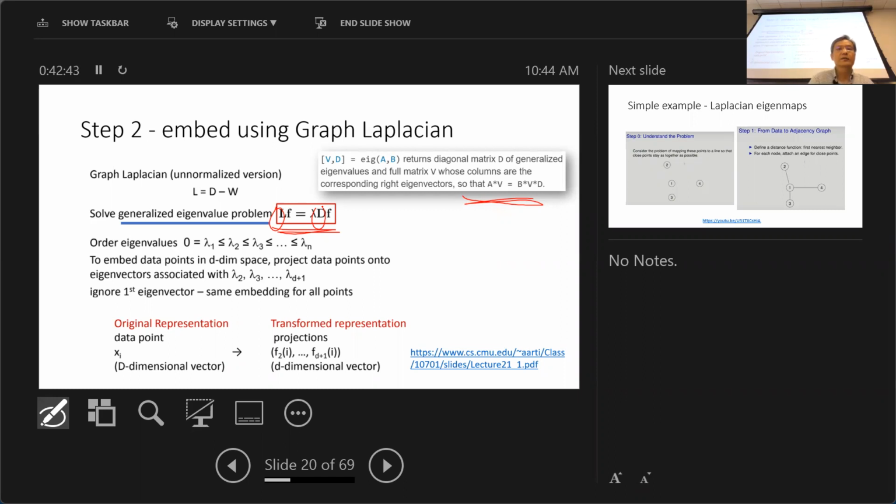Once you have found the eigenvectors in F, you can start to use the F corresponding to the second largest eigenvalues, and use the following eigenvectors as the new corresponding positions for the data. That's called a projection, something similar to PCA.